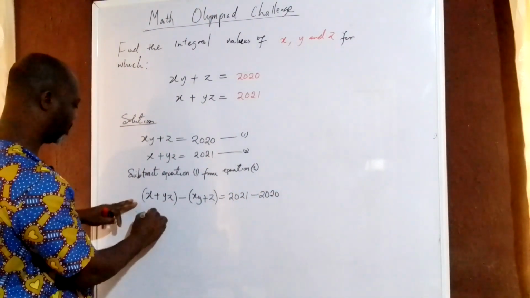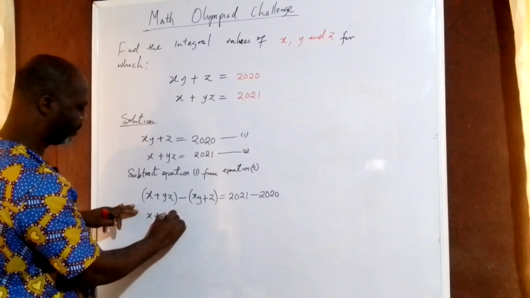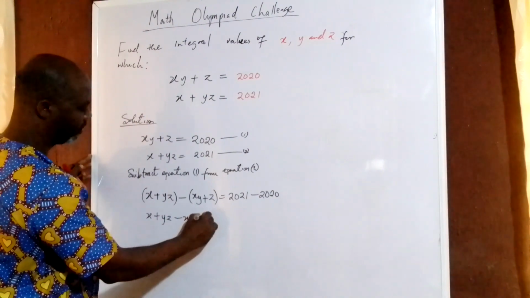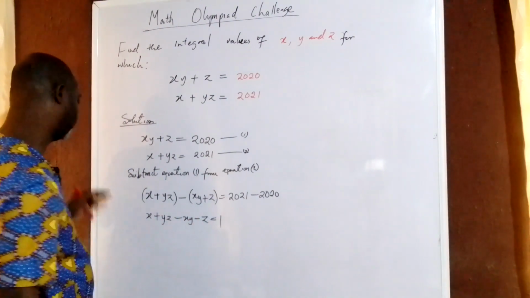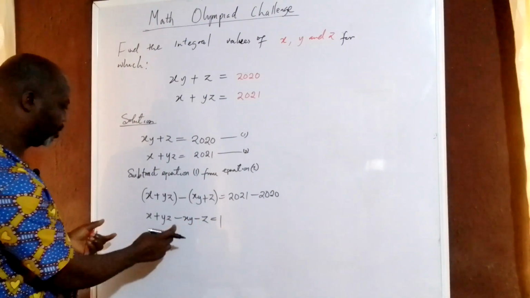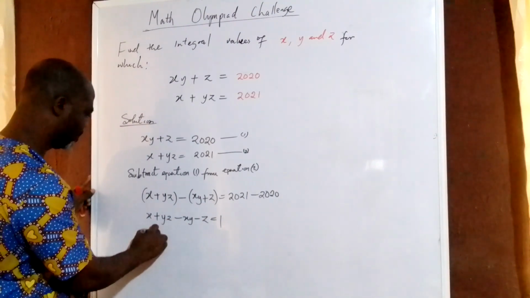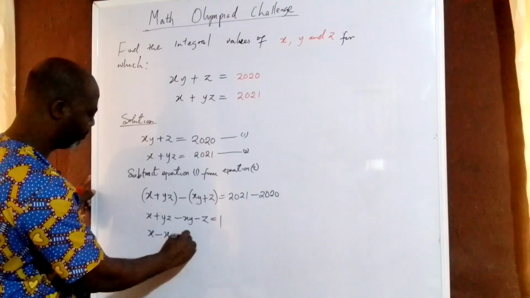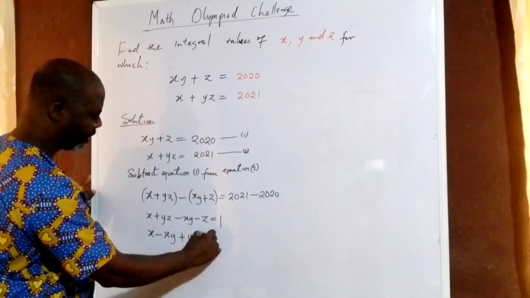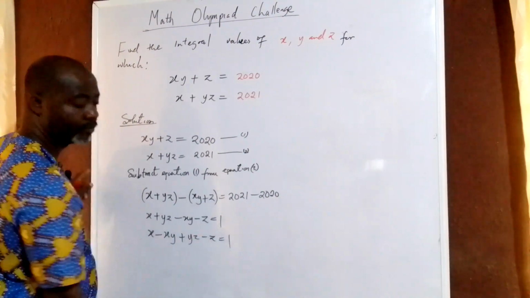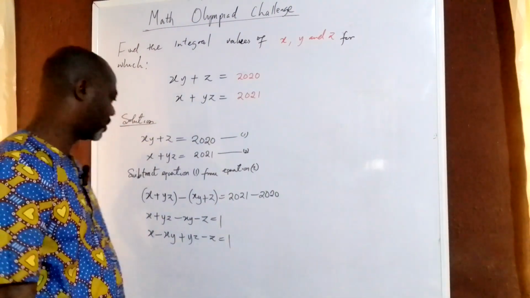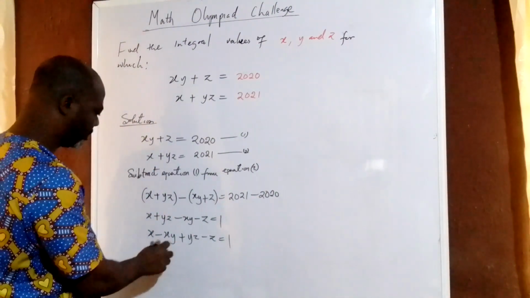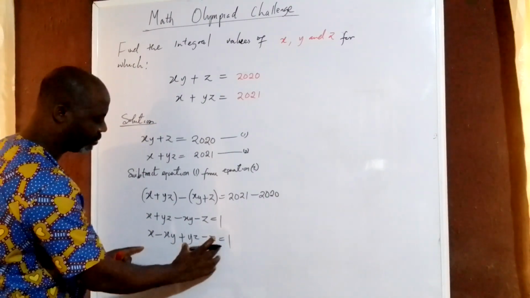So this will give us x plus yz minus xy minus z equals 1. And so what we're going to do is group the terms as x minus xy plus yz minus z equals 1.